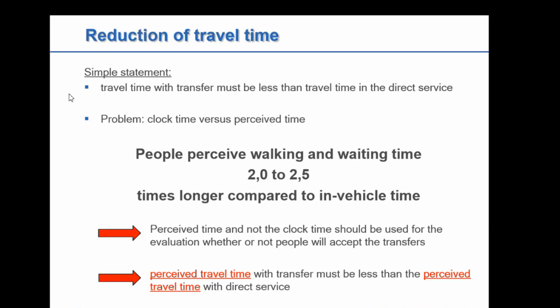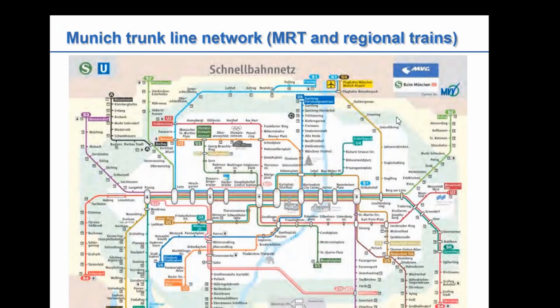To reduce the inconvenience, what we can do, for example, if the same person needs to change from one line to another, if he needs 1 or 2 minutes, the line should be designed in a way that when the person arrives there, he can catch the public transport with a very limited wait time. A typical example is the Munich U-Bahn and Schnellbahn services, which are provided across the whole city and connected in a way through which the inconvenience is reduced.